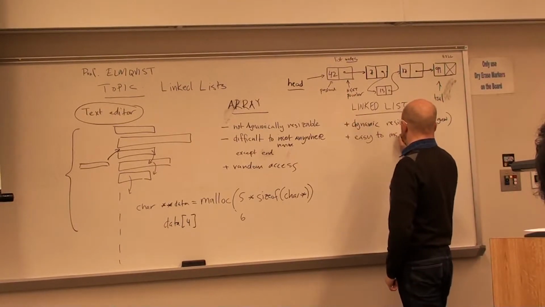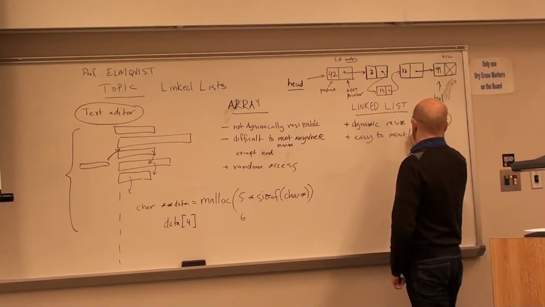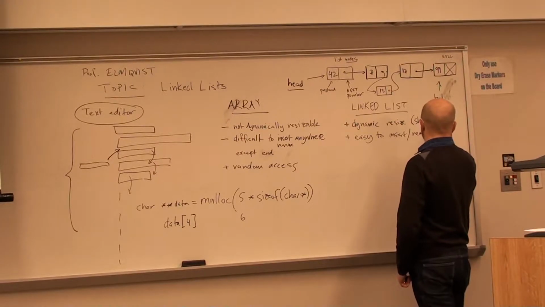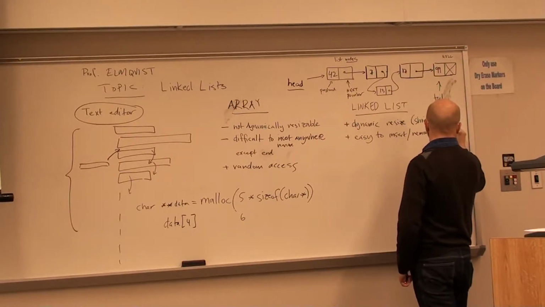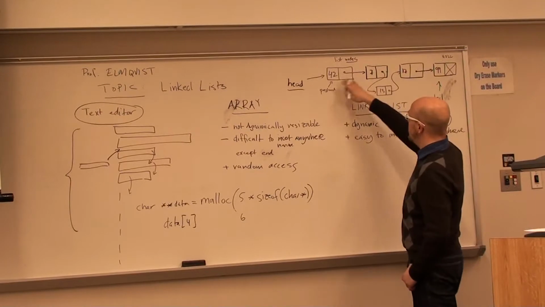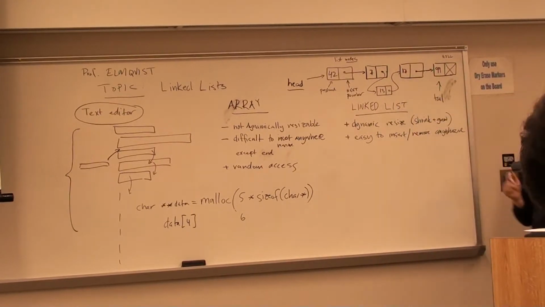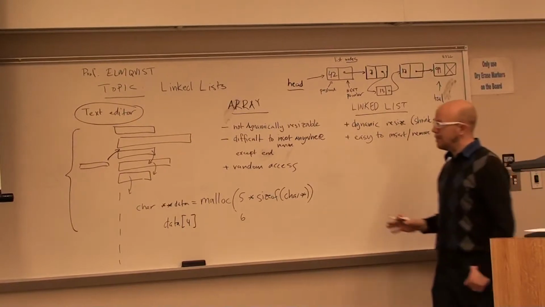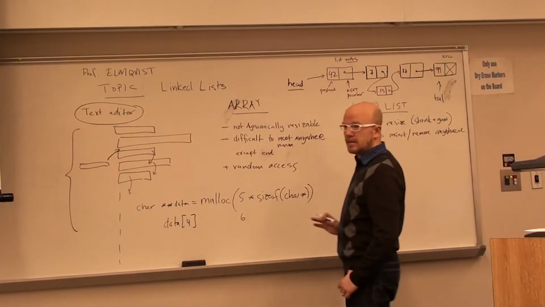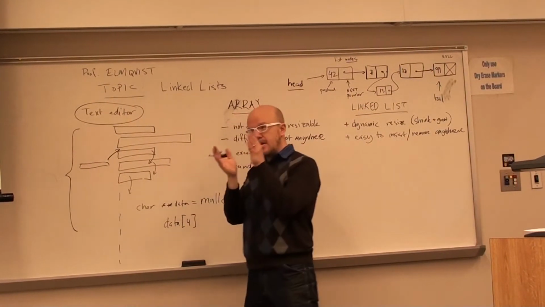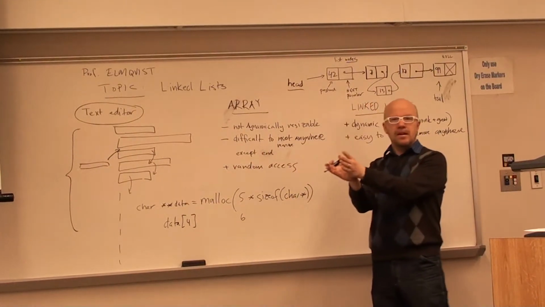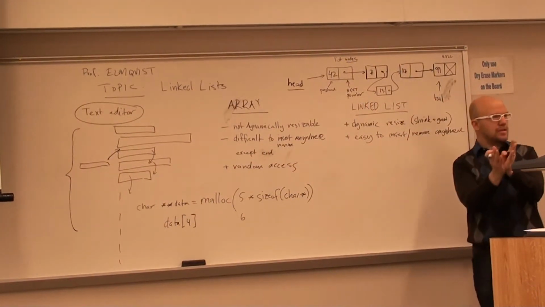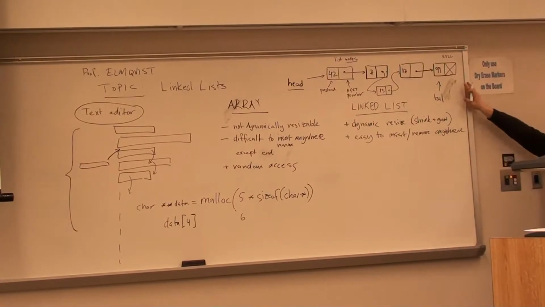Easy to insert and remove anywhere in the list. In the beginning, at the end, any point in between. I don't have to spend a lot of time copying whatever comes next in the list because I frankly don't care. They can stay wherever they are. We just make sure that we update our pointers, and we're going to maintain a list that is a sequence from beginning, from head to tail.